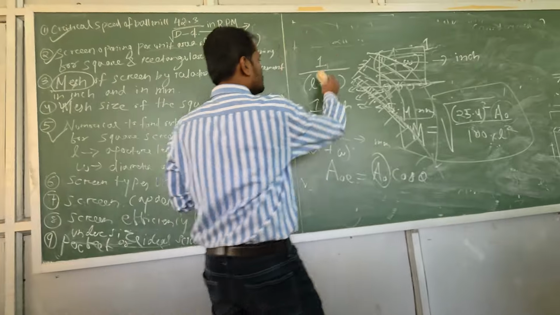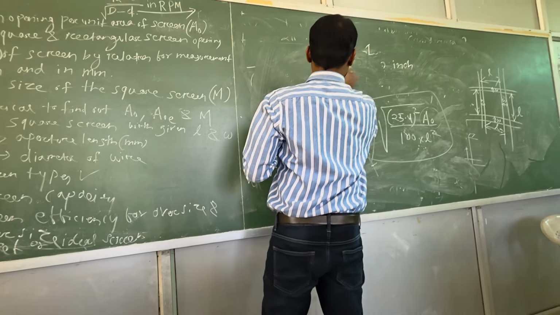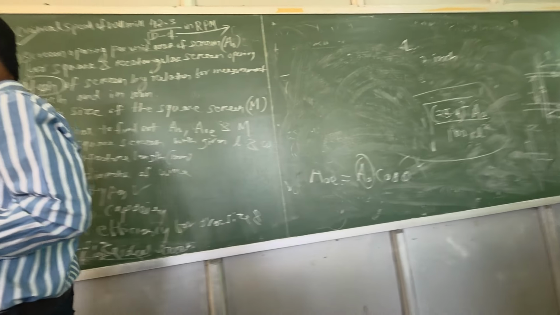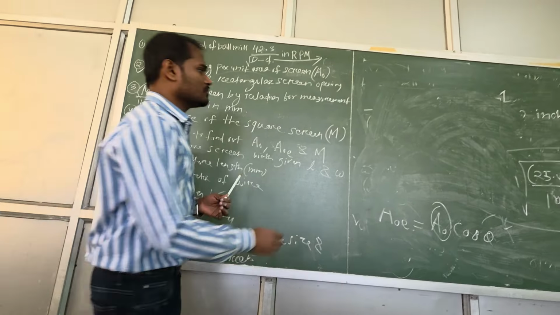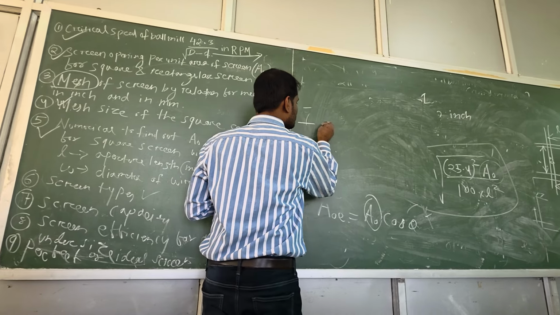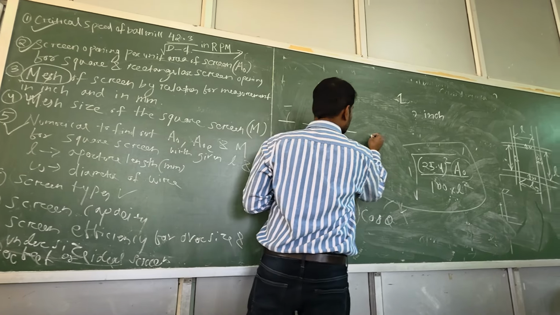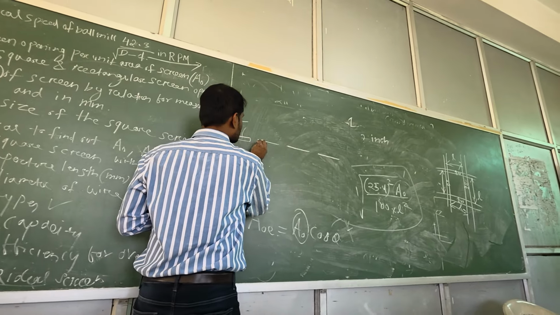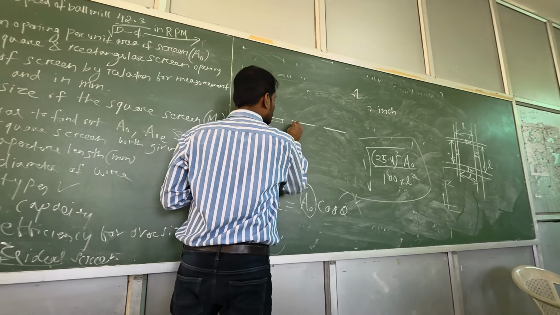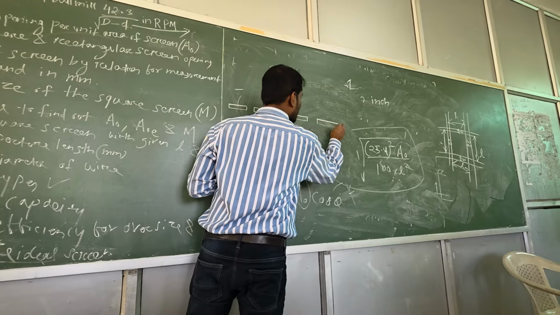Fine. For example, different shapes of particles. All the particles will not be of the same size or the same shape, right? Suppose these are your openings. This is the screen, only a single layer I am showing.